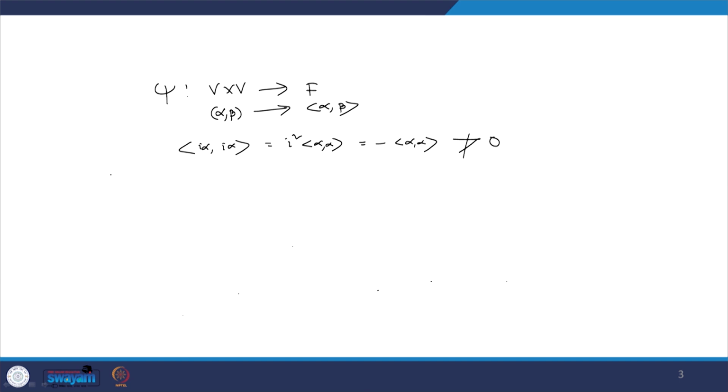So, now let me consider some examples. Let us consider a very trivial example, our usual space, that is, the space of n-tuples.